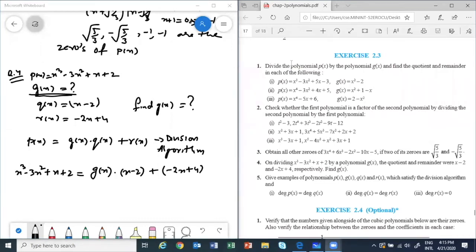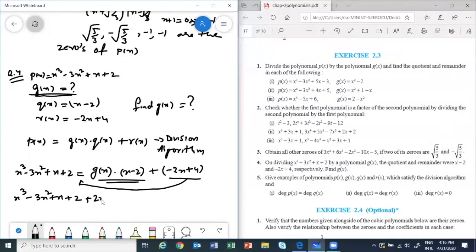Okay, now what? These two are in product. So I can take this to the other side. So what will happen? I'll get x³ minus 3x² plus x plus 2 as it is. Minus 2x becomes plus 2x, plus 4 becomes minus 4. And on that side, what is left? g(x) into x minus 2 is left.